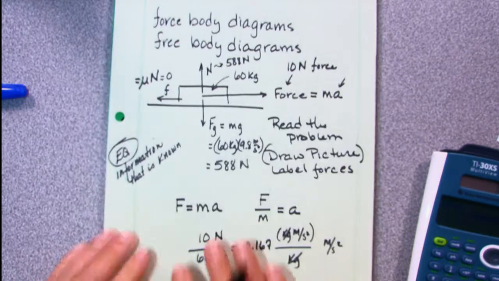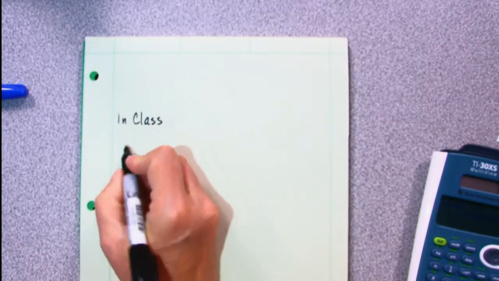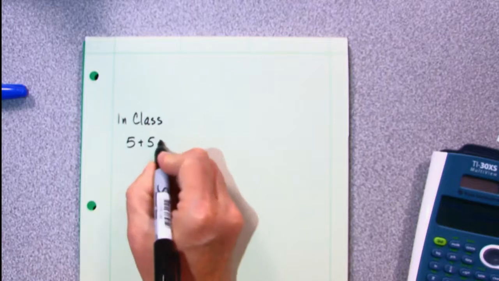All right, so this was the meme on Facebook this morning. They used math class. So it said, in class, the problem is 5 plus 5 is equal to 10.